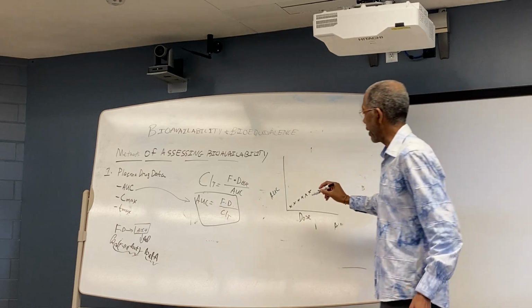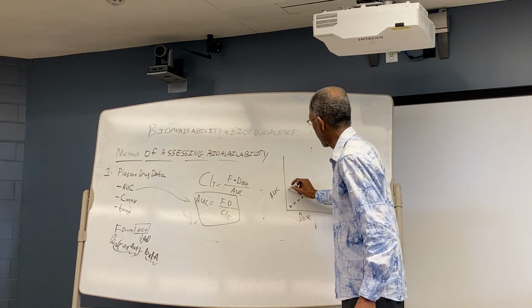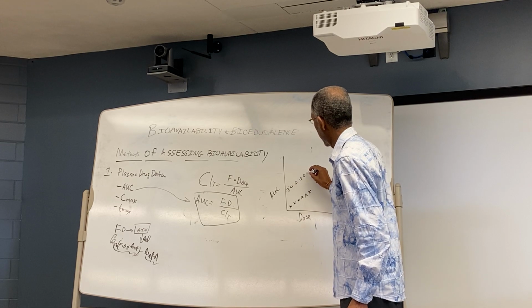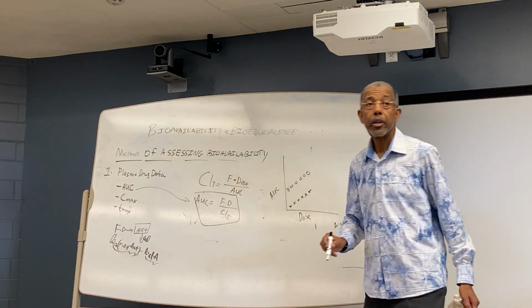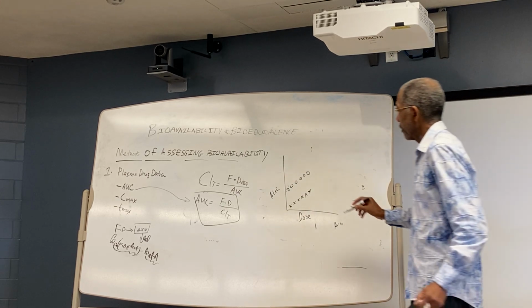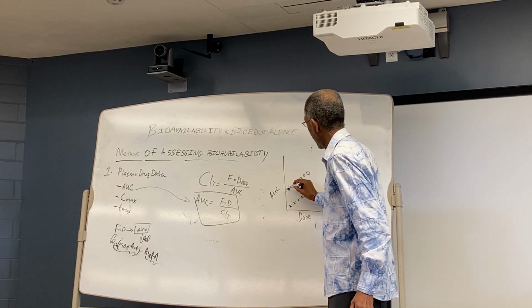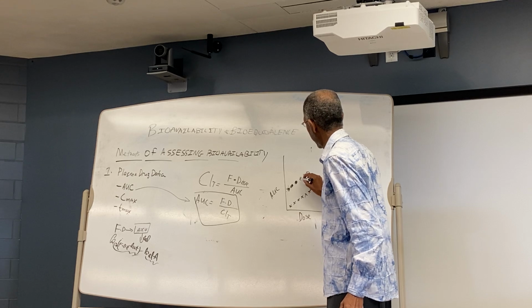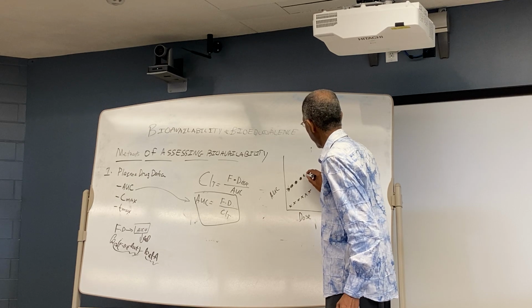Why not? I'm going to draw some circles. Why not this? Why not that? Why not a graph where the filled circles versus dose would look like that? Why would it look like that?